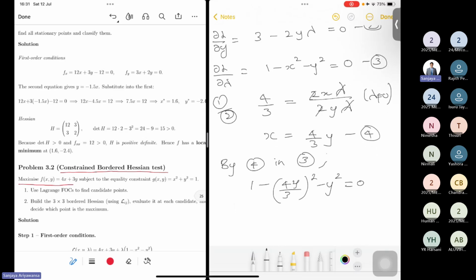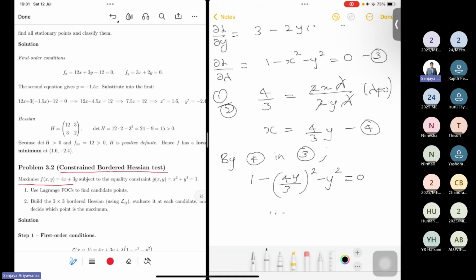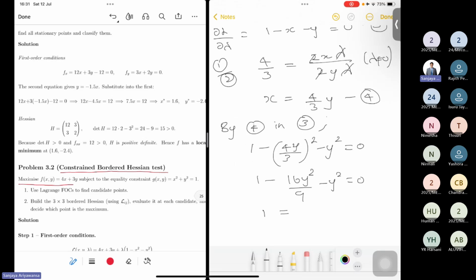And from this, I would get y to be, so this is interesting. Since it's y squared, you would get two values. Let's just solve this to see. 1 minus 16y squared over 9 minus y squared equals 0. 1 equals 16 plus 9, which is 25 over 9 y squared.